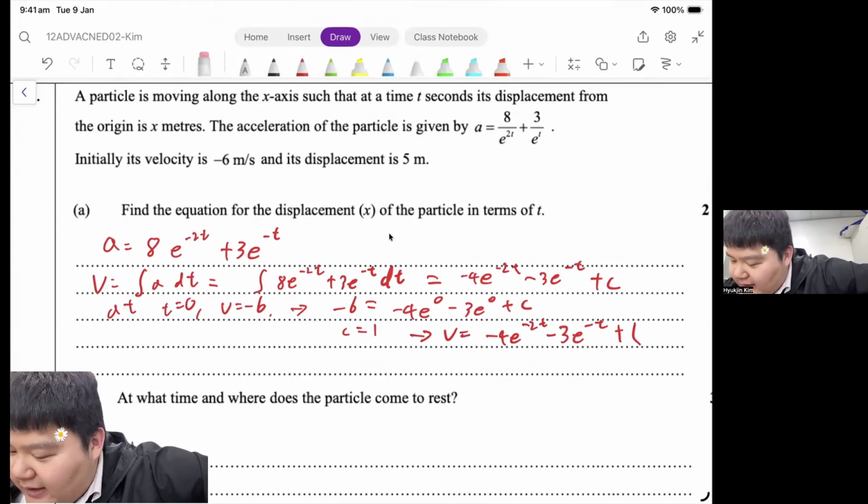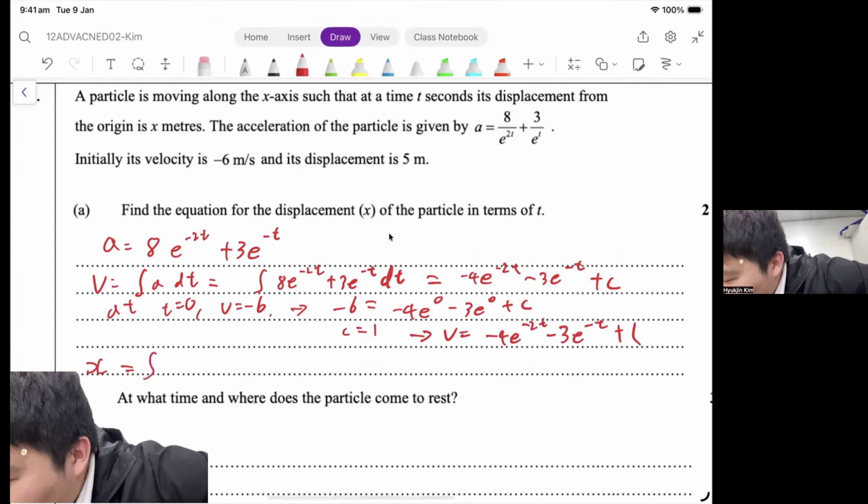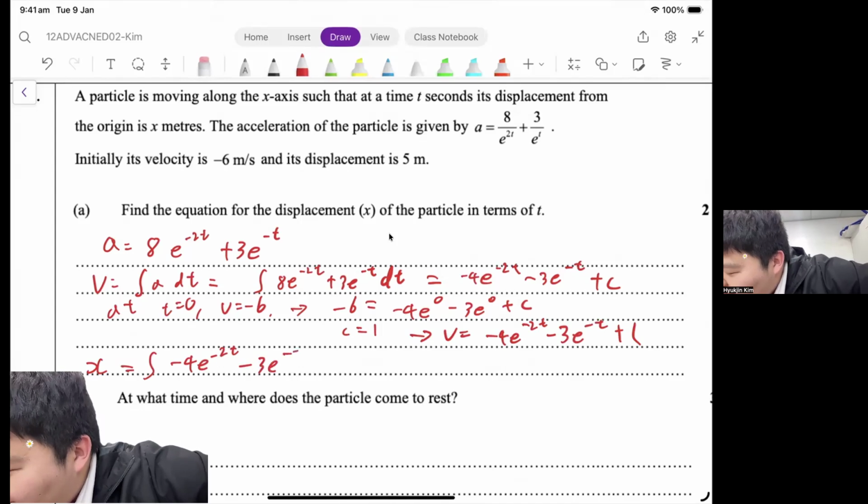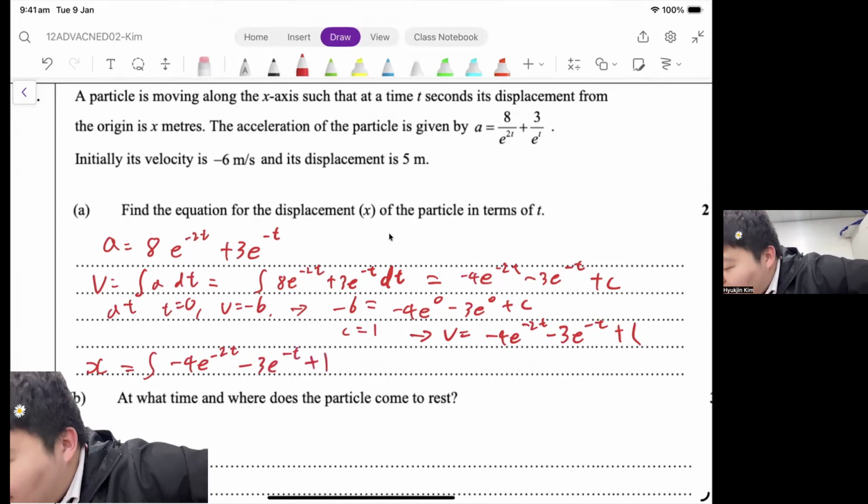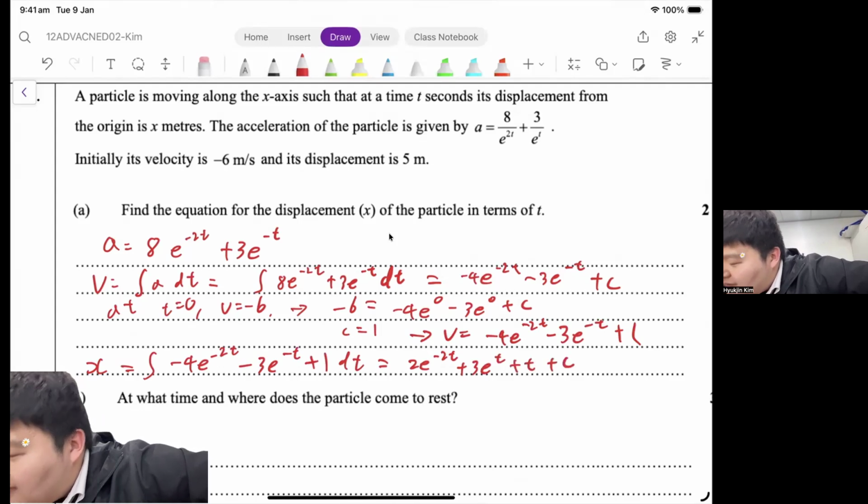Displacement x equals the integral of velocity. So we say the integral of negative 4 e to the power of negative 2t minus 3 e to the power of negative t plus 1 dt, and that equals 2 e to the power of negative 2t plus 3 e to the power of negative t plus t plus c.